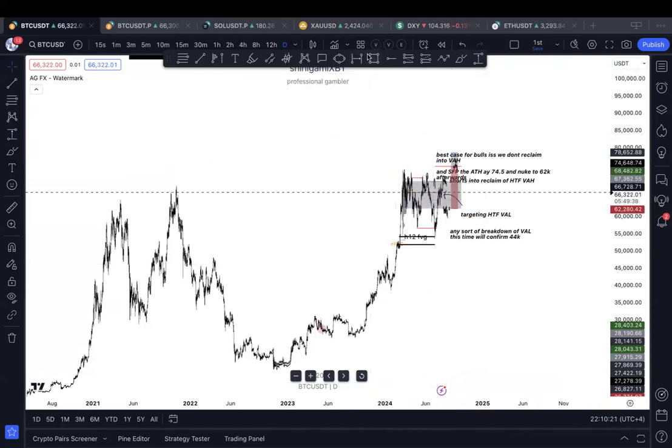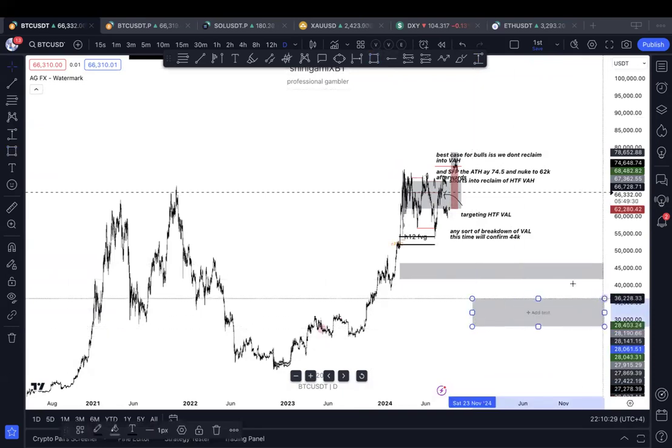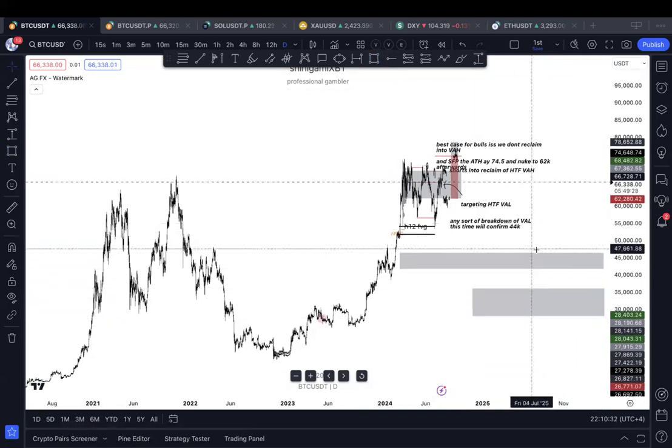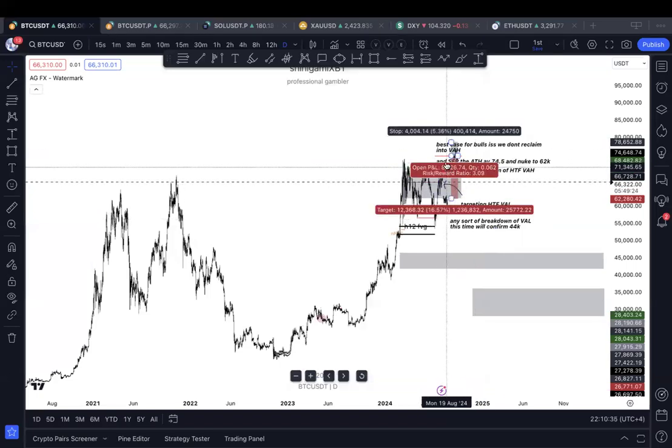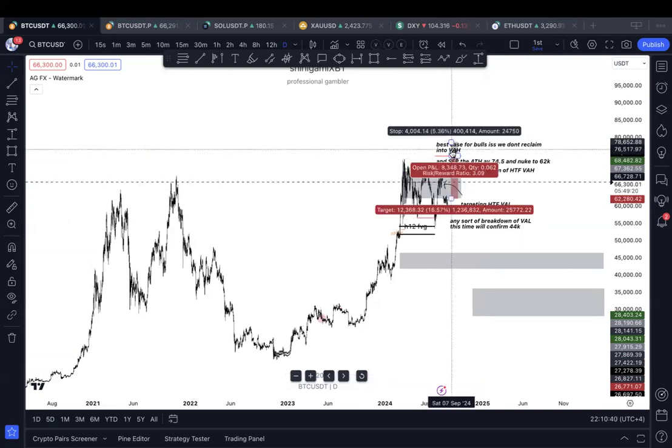I am much more interested in buying anything that comes around this gray box, like 41 to 46, or around this entire level. So I'm personally much more of a buyer around these gray boxes, and I'm just not willing to buy long term or go all in 100% around these levels right here.